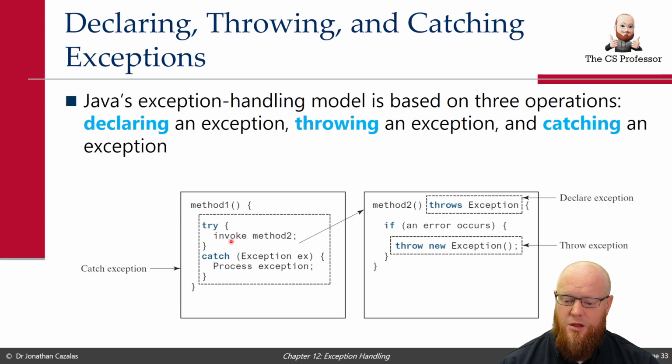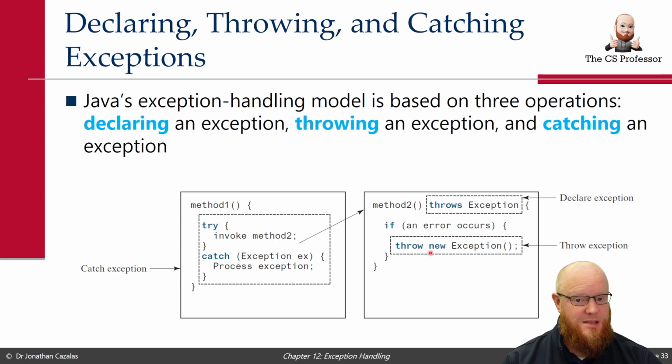In this try block, we are invoking method 2, and in method 2, we have an if statement where inside this if statement, we're throwing an exception. So here we have the declaration. Right here in the header, we're saying, hey, heads up, this method may actually throw an exception.